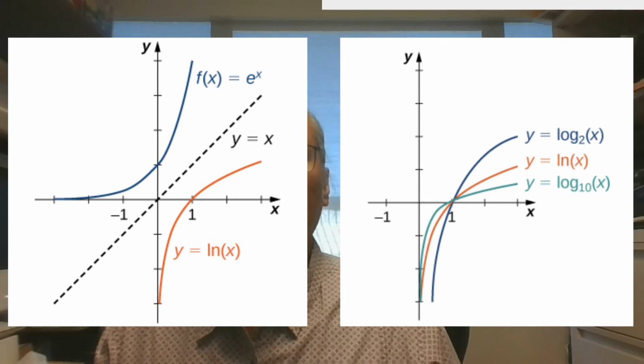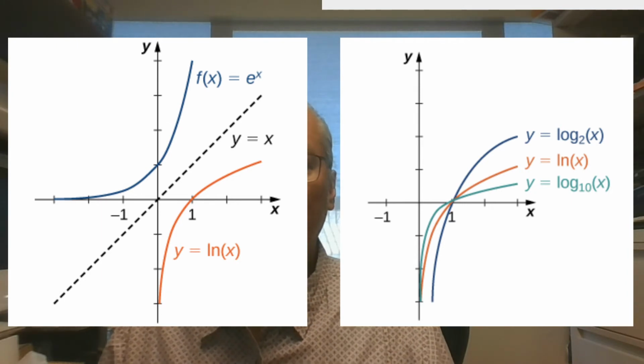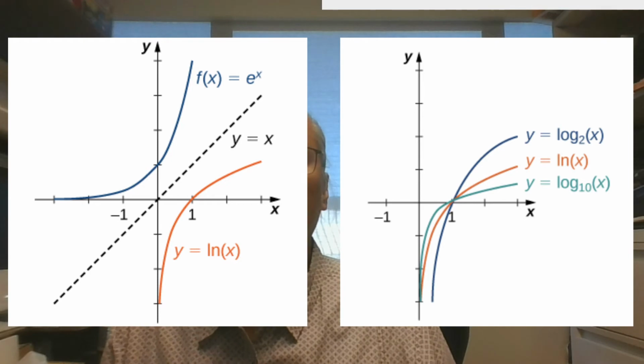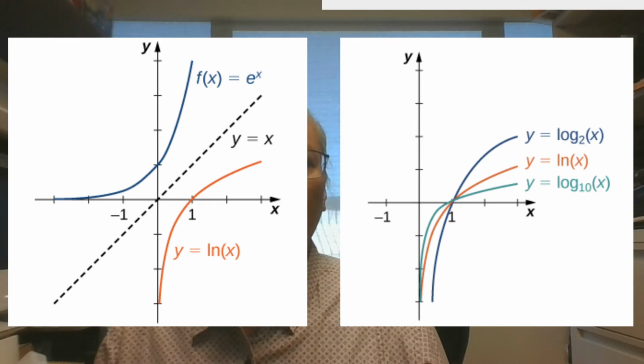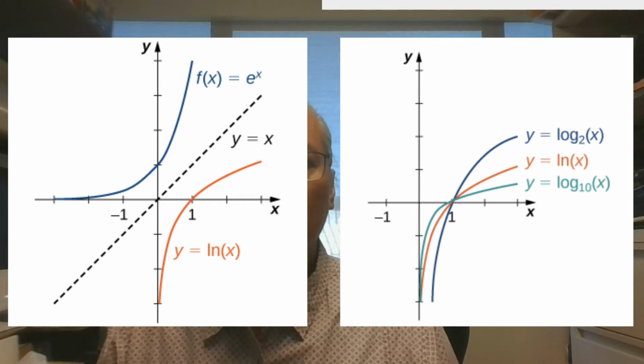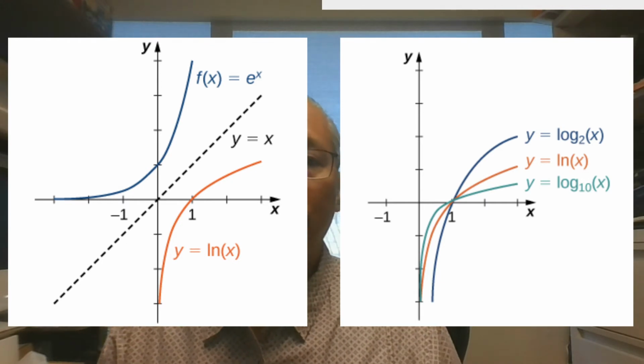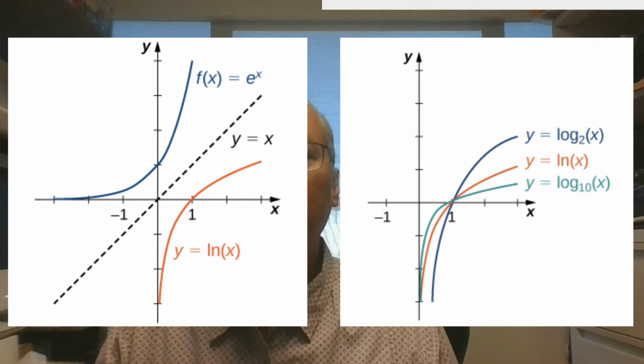It's the inverse of the exponential function. Our other exponential functions with a different base, like 2 to the x or 10 to the x, also have logs as their corresponding inverse functions.